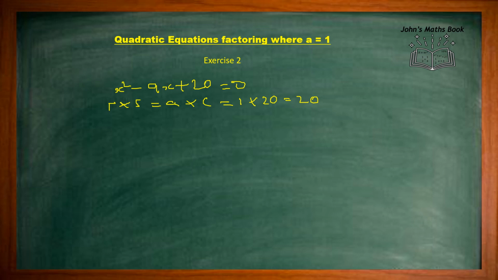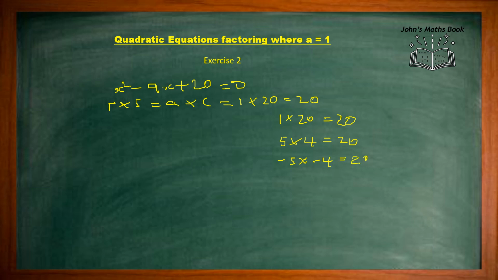So let's look at some numbers that multiply to 20. We can have 1 multiplied by 20, that gives 20. We can have 5 times 4 equals 20. And let's try minus 5 times minus 4, which also equals 20.